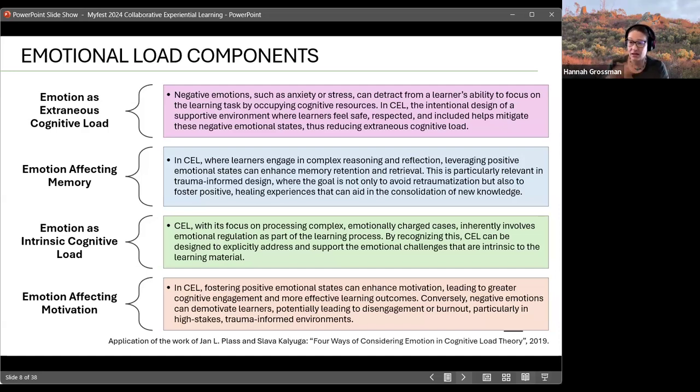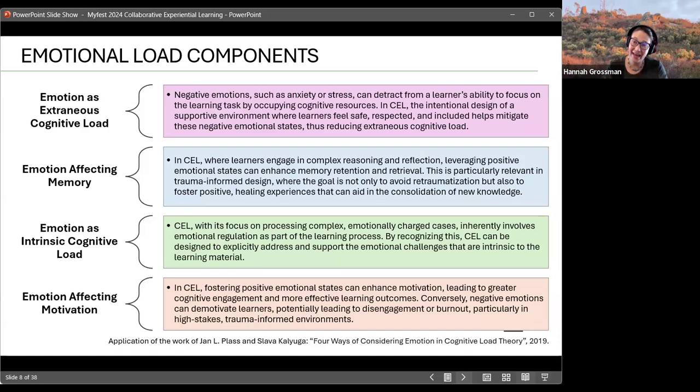So, collaborative experiential learning is embedded in creating safety and respect and dignity in ways to mitigate the chance that learners will have negative emotional states, to increase the learning in the learning situation.